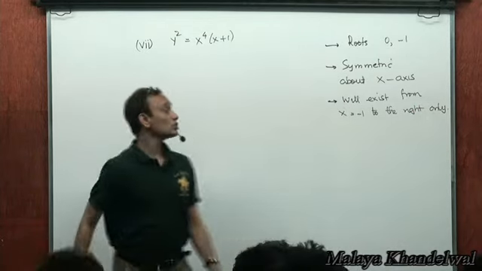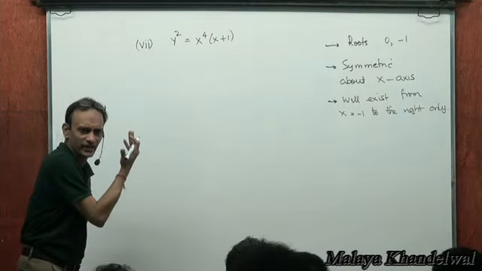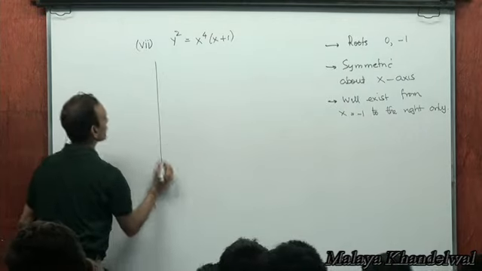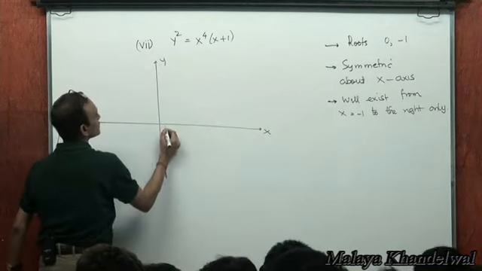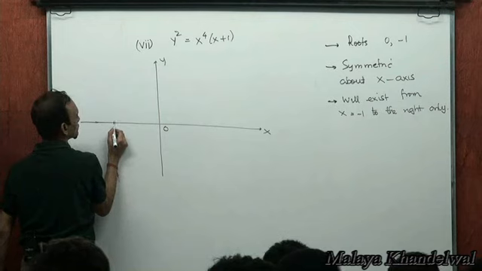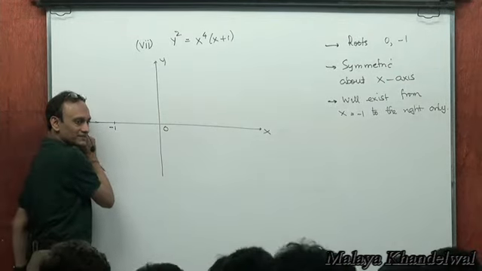Right? These are some very simple, readily available conclusions. No part of the graph will exist to the left of minus 1.